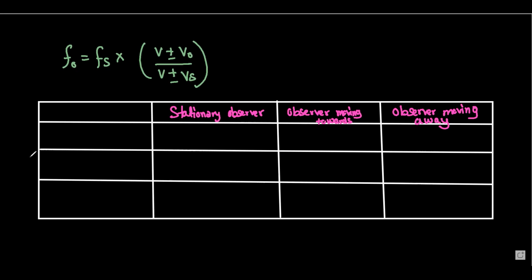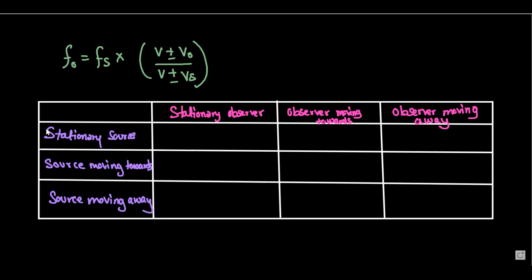This side will represent the source motion. So this is going to be stationary source. This will be source moving towards, and this will be source moving away.